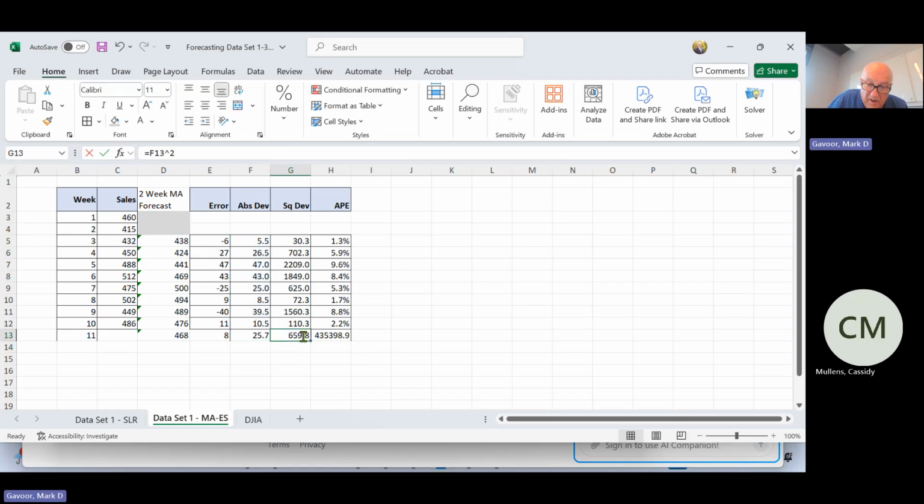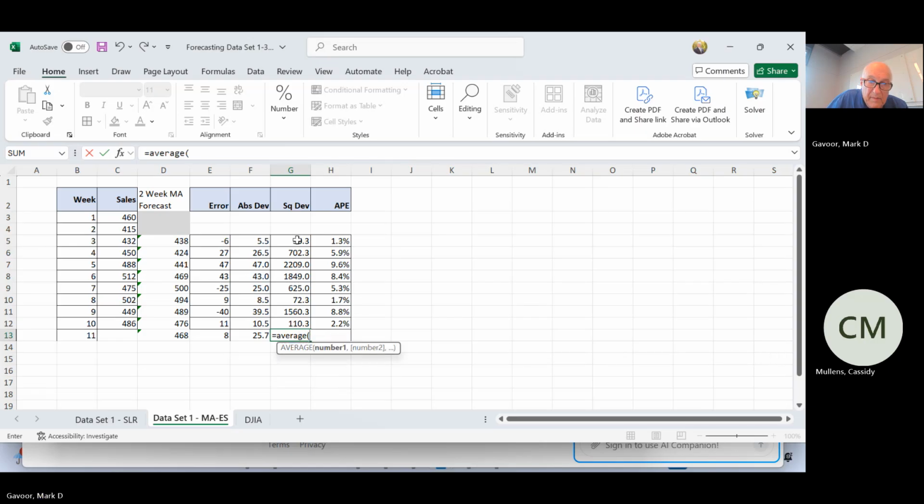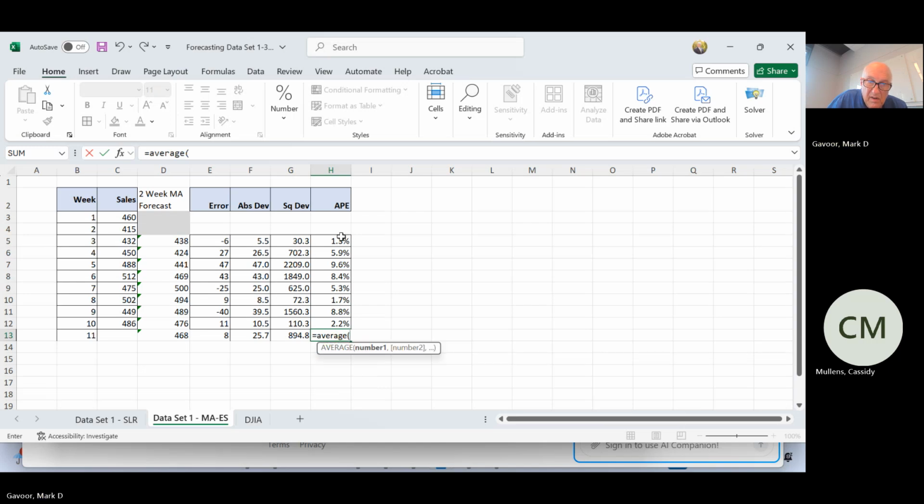I want to do an average here. Average. And then I want to do an average here. Equals average. Oh, and it gives me a 0.1. Why does it give me a 0.1?